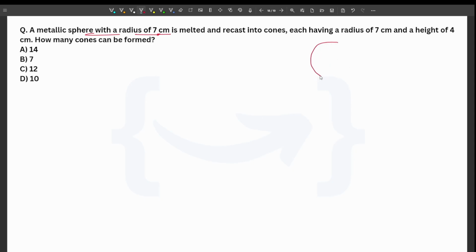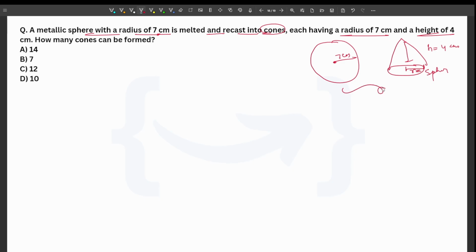So we have a sphere whose radius is 7 centimeter, which is melted and recast into cones, having the radius as 7 centimeter. So their radius is also equivalent to the sphere's radius, and the height is 4 centimeter. How many cones can be formed?